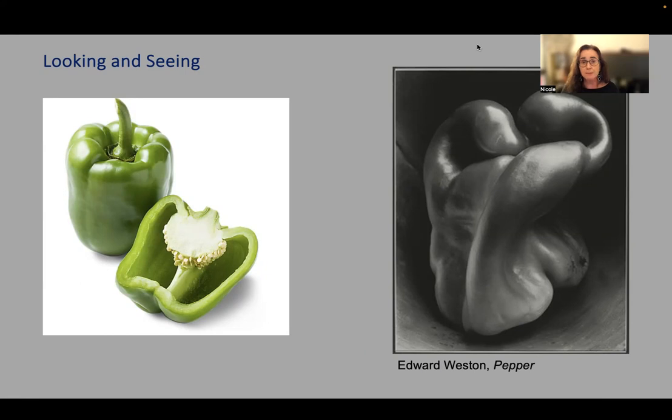And Weston says of the pepper himself, it's more than just a pepper. This new pepper takes us beyond the world we know in the conscious mind, so beyond conscious awareness. The process of seeing is different for every person. So on first glance of this pepper, you might have seen something completely different than what I talked about, right? And that's human nature.